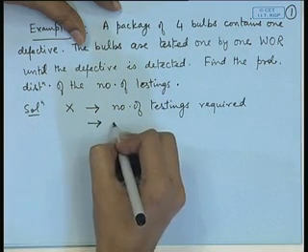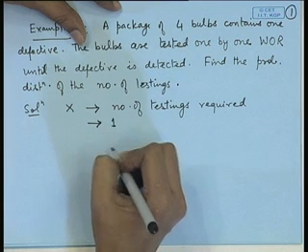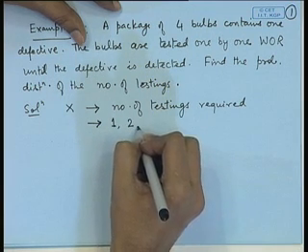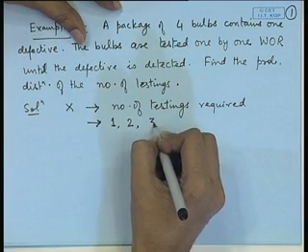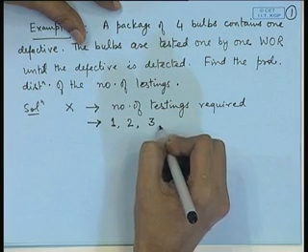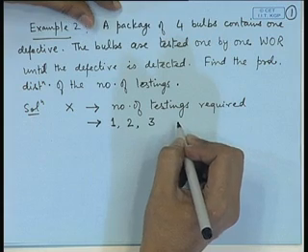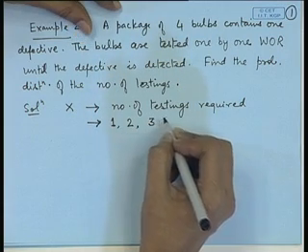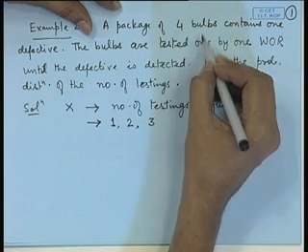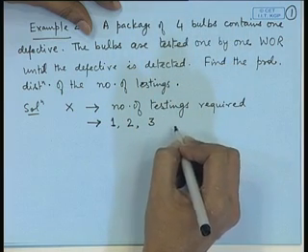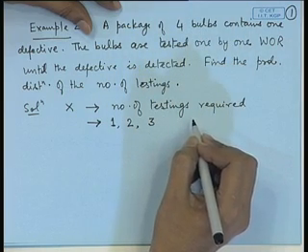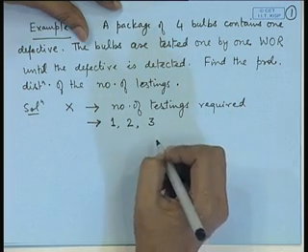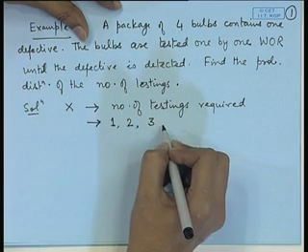Here, if we test it once, that itself may be the defective, or if that is not so, the second one may be defective, or if that is not so, the third one may be defective, or if that is not so, the fourth one may be defective. However, if the third one is found to be not defective, since there are only 4 bulbs in the package, the fourth one will automatically be the defective. So, in reality we do not need 4 testings, we need only 1, 2 or 3 testings.